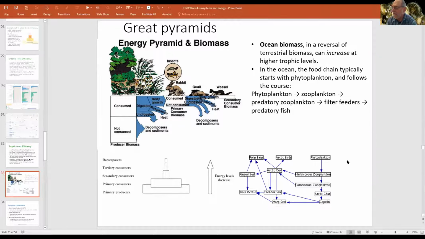And so a simple ecosystem here might be the Arctic ecosystem. The Arctic ecosystem is an example of a simple ecosystem because there are relatively few components. It's a habitat in which the energy and availability of resources is constrained by temperature, by seasons, and so forth.